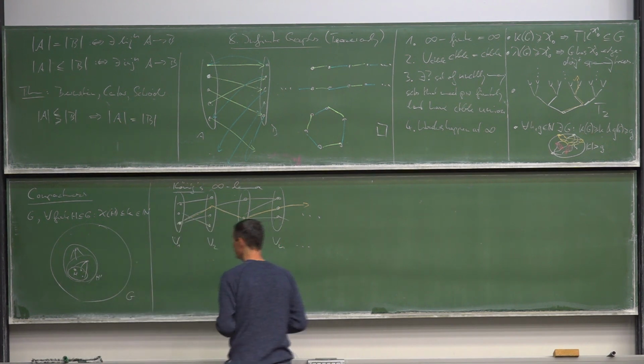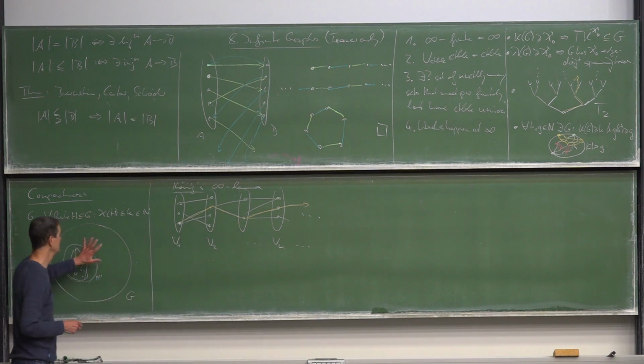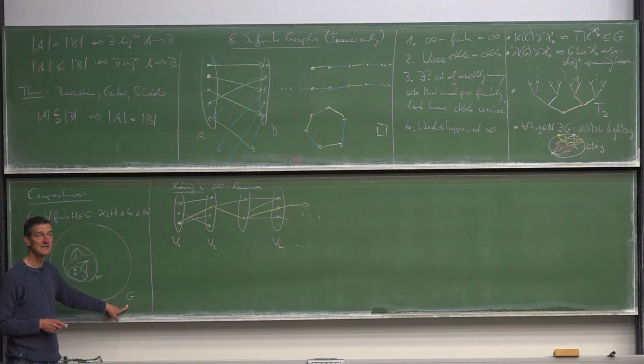How do we prove that G can be colored with K colors?